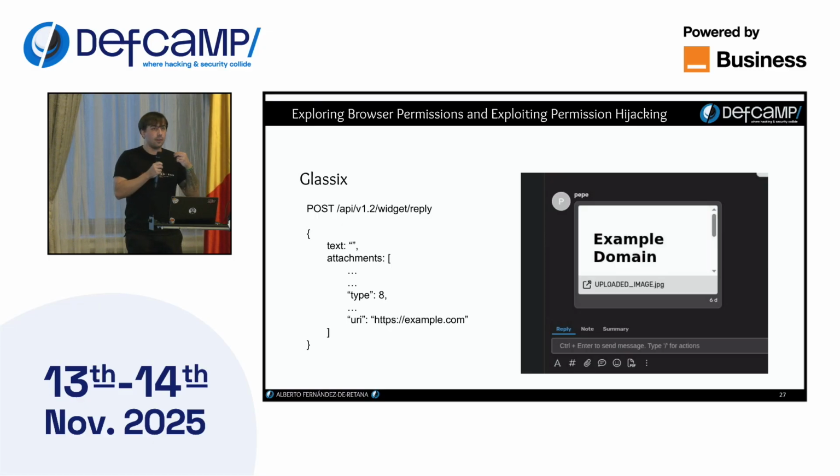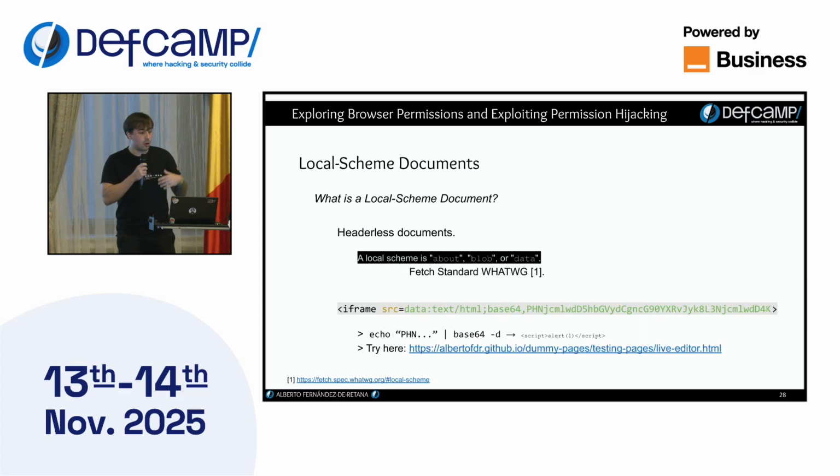If you change this type to the number 8, you will be creating an iframe in both ends of the chat, like on my end as an attacker and on the end of the worker. Maybe most of you haven't heard about local scheme documents. They are documents where there is no request out, and because of that there is no response.